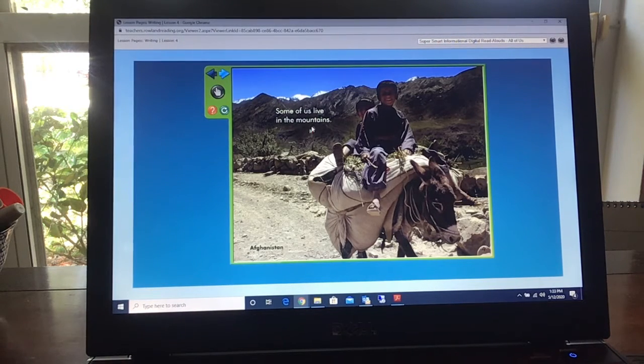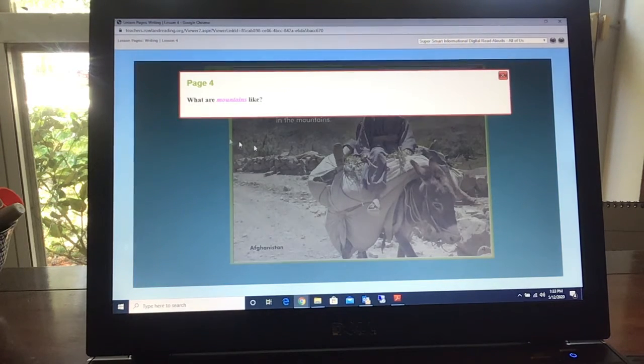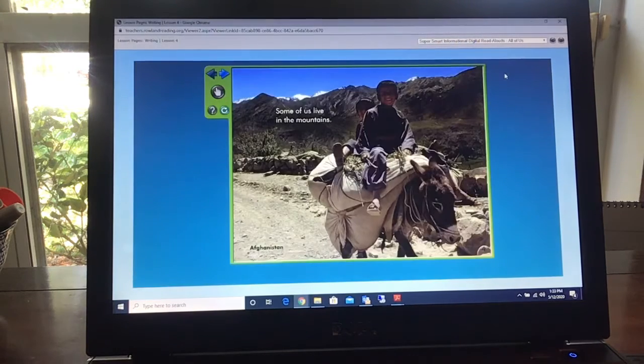Mountains. Very good. And these little guys are in Afghanistan. What are mountains like? Well, if you don't already know, you could take a look at the picture. Mountains are a kind of landform, right? And they're very tall. They're not very easy to climb. And do we have a lot of mountains in Florida? No, we don't.